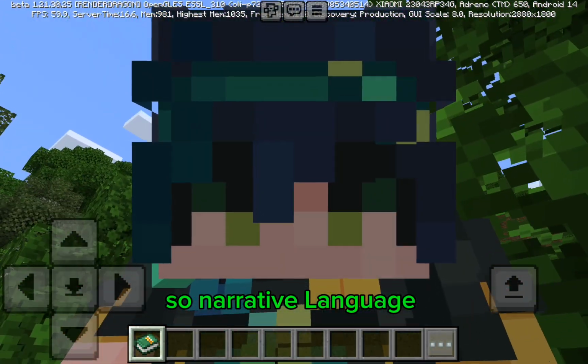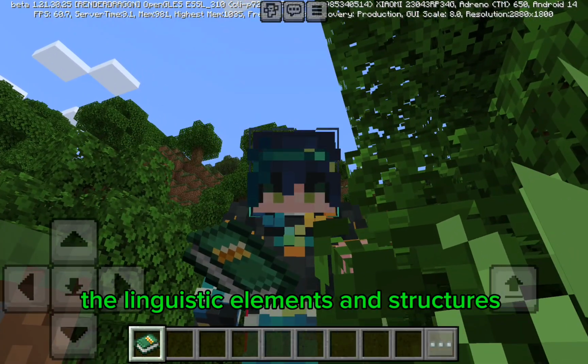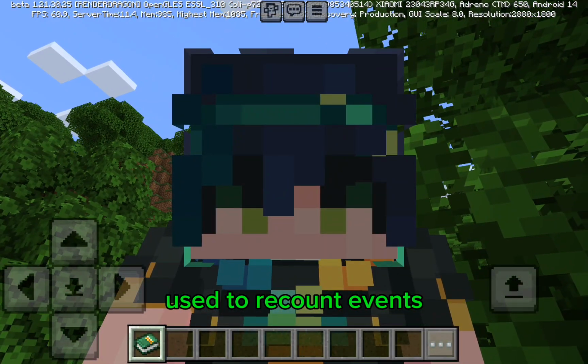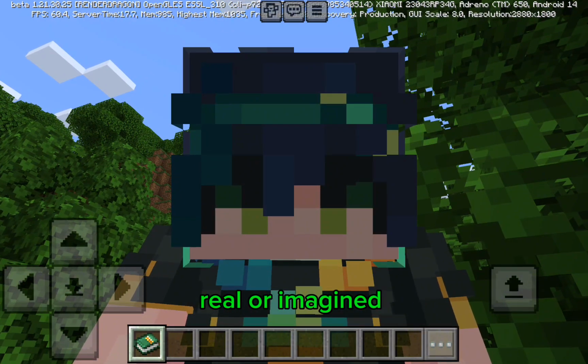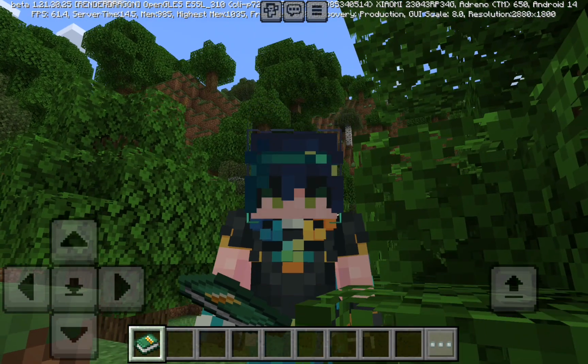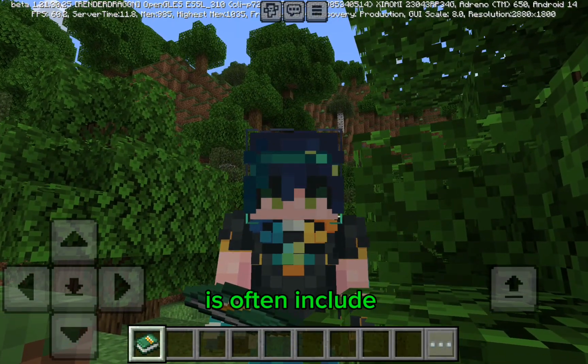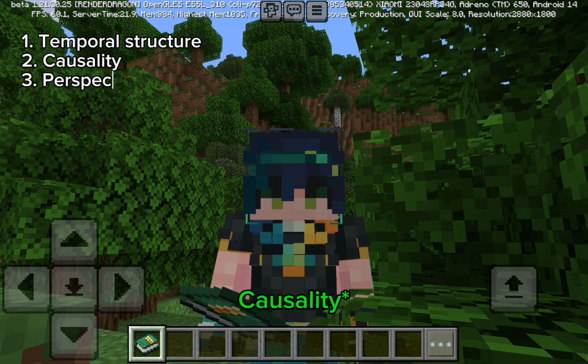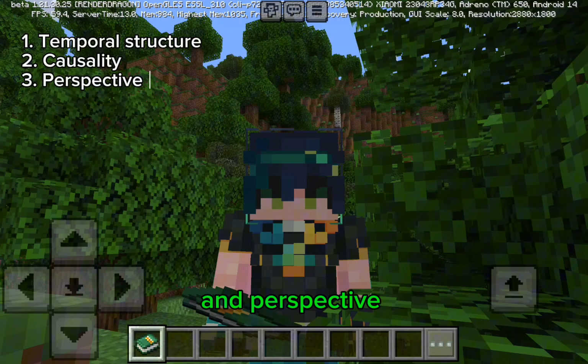So narrative language involves the linguistic elements and structures used to recount events, real or imagined, in a coherent and engaging way. It often includes temporal structures, causality, and perspective.